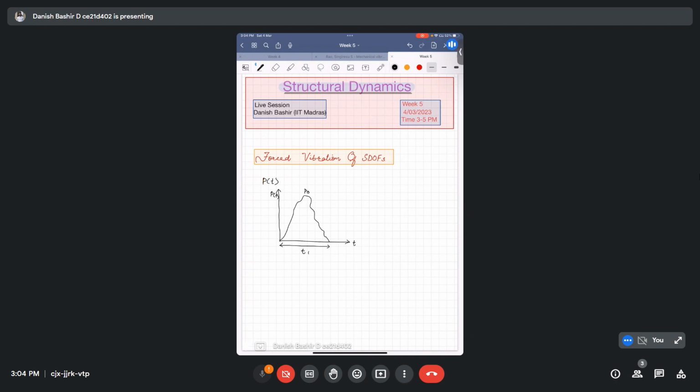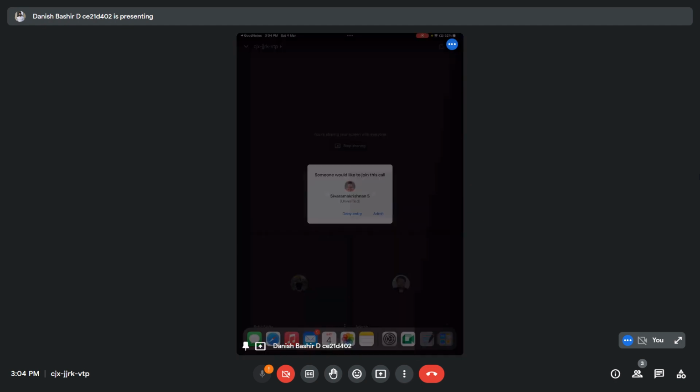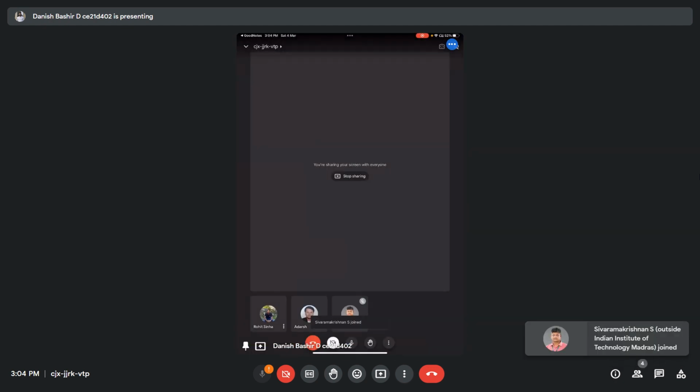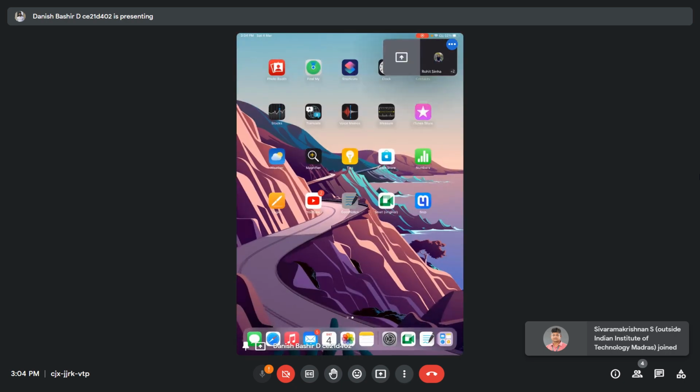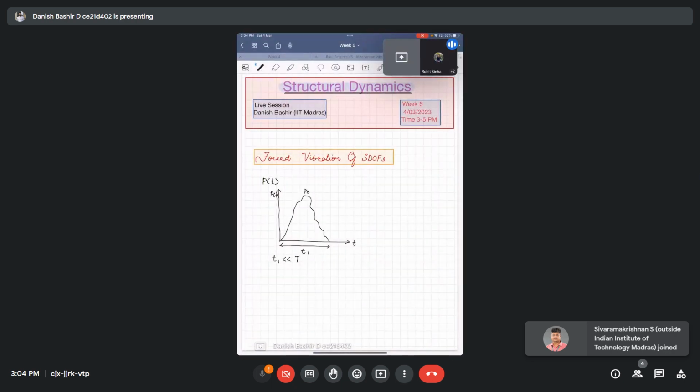Now, what's the special case here, that the duration of this loading, that is T1, is very much smaller than the natural time period of the system T. So we can call this an impulsive force.